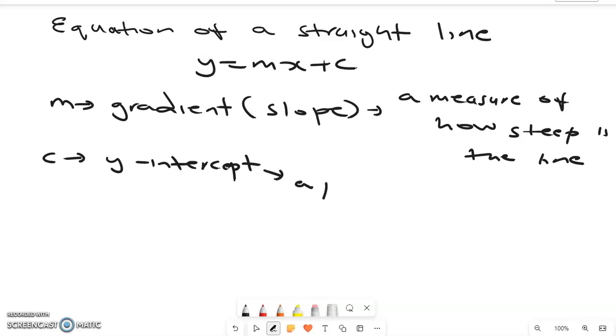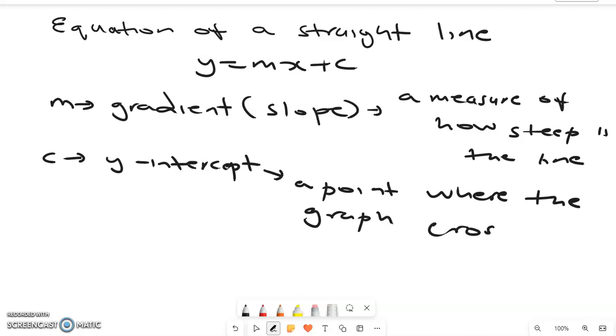This is a point where the graph crosses the y-axis, right? Then we have x and y.